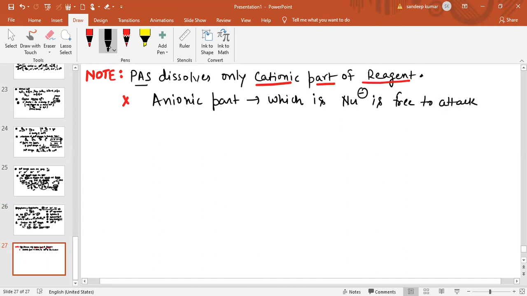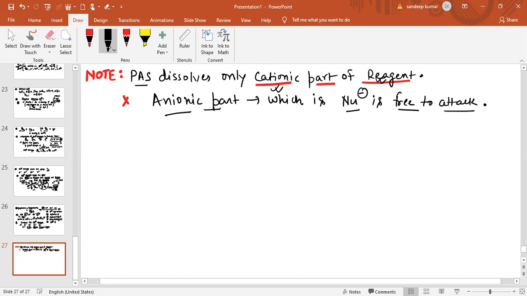So it will attack with its full power, with its full strength.